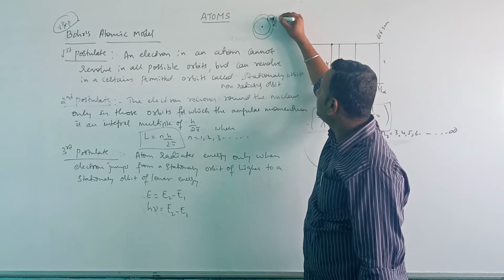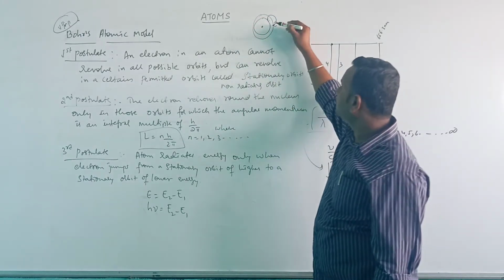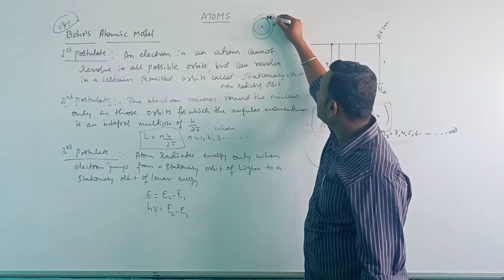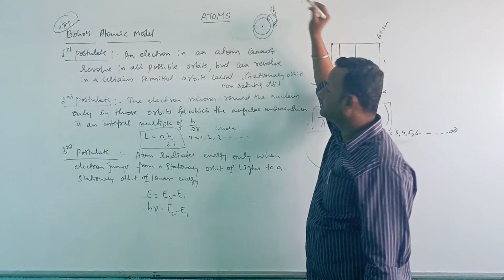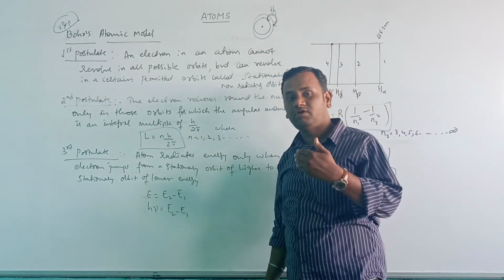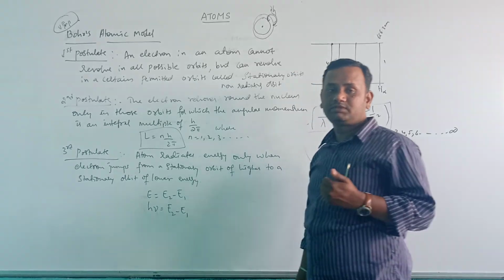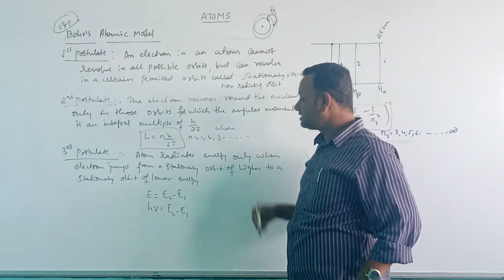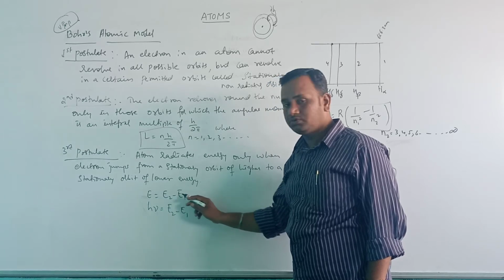While the electron jumps from the higher orbit to the lower orbit, it radiates its energy. That energy is radiated in the form of a photon.